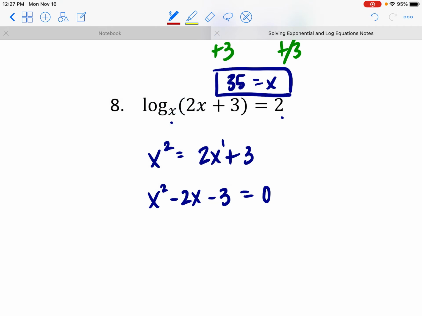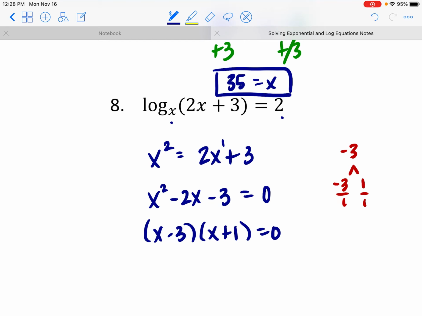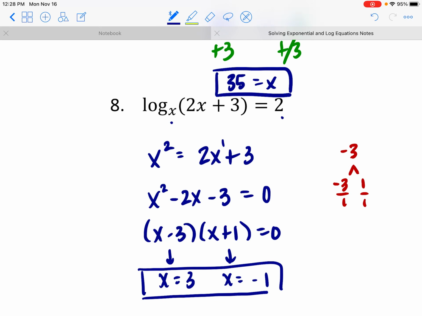And in fact, I can. Factors of -3 that make -2 would be -3 and +1. And this thing is then going to factor into x minus 3 and x plus 1 equal to 0. And that means we get a solution of 3 and we get a solution of -1. So 3 and -1 are both going to be solutions for this equation.